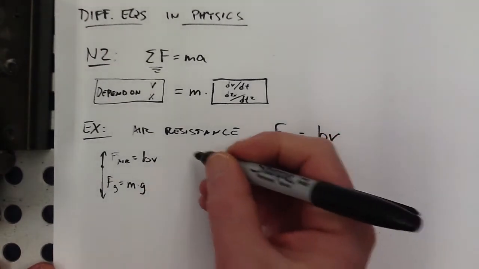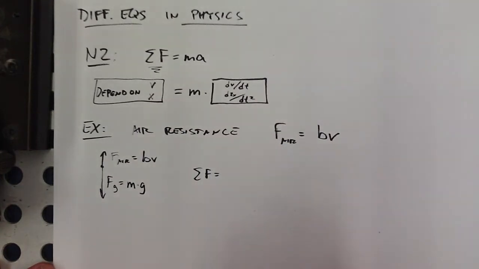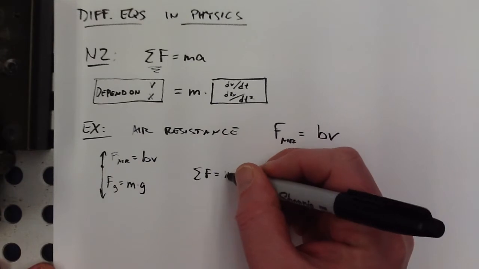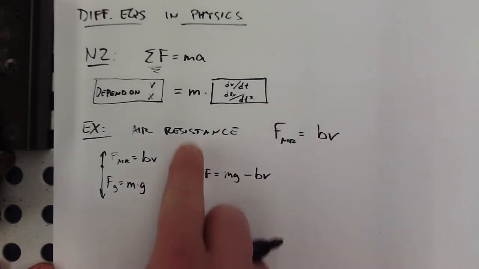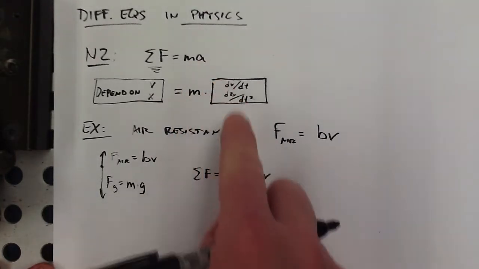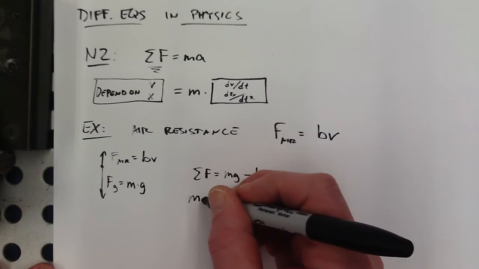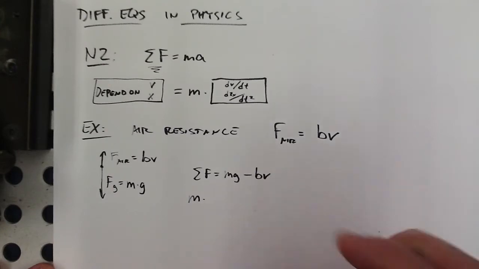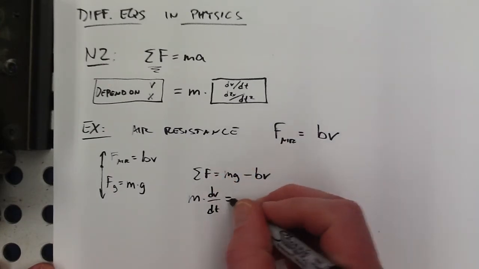That means that the sum of all forces is equal to mg minus bv, and I know that the sum of all forces is equal to mass times acceleration. And I know that since I've got a v over here, that's the only variable here. All these other things are constants. So I'm going to make this into dv/dt instead of acceleration.